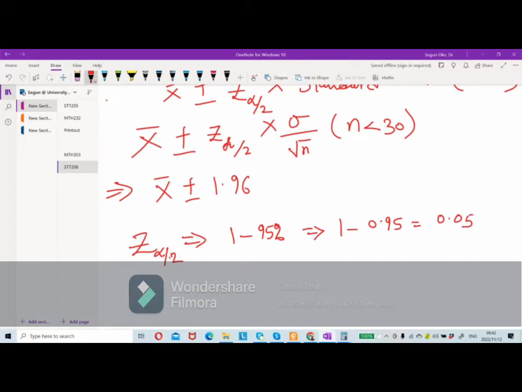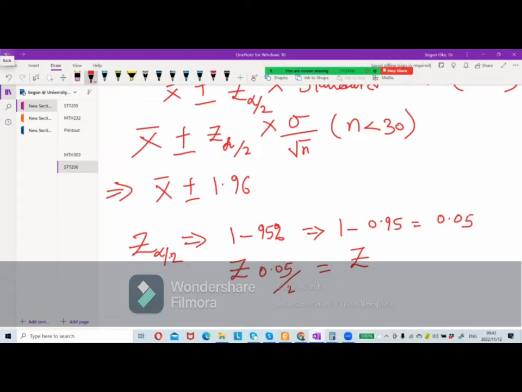Yes. So if you now said alpha is 0.05, it simply means Z alpha is 0.05 divided by 2. What do we have? Somebody should help us. 0.025. Thank you.